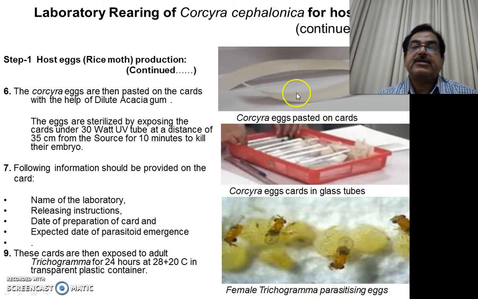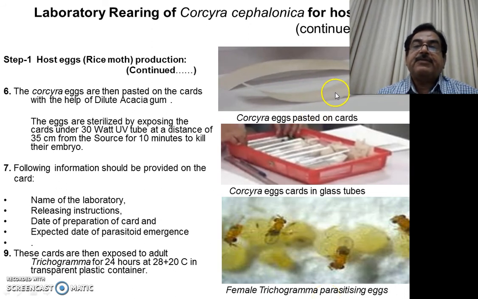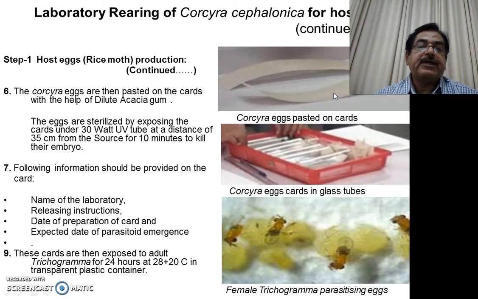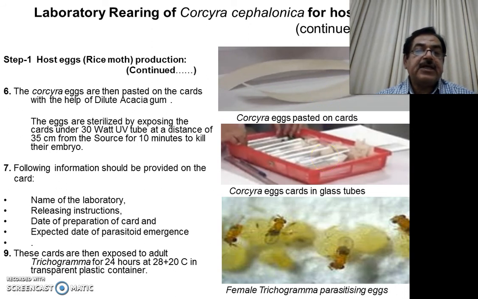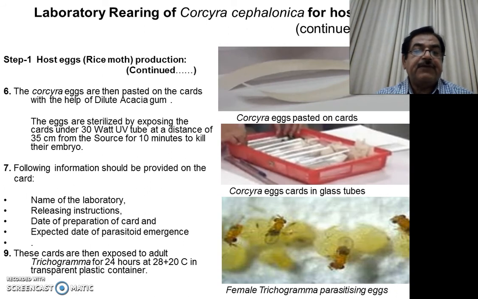You can see the cards here, the eggs are pasted on these cards with the help of gum, and information about the laboratory and expected date of parasite emergence should be provided on these cards. These cards are then exposed to adult Trichogramma for 24 hours at 28 to 25 degrees centigrade in transparent plastic containers.